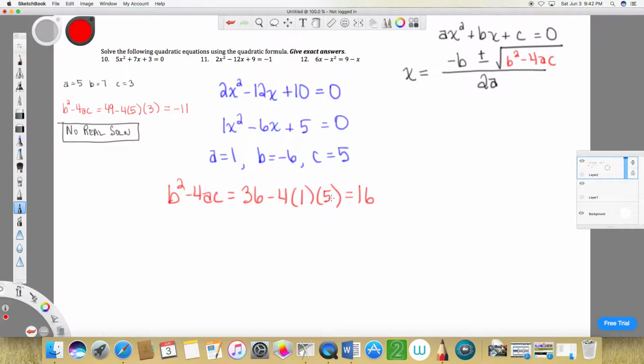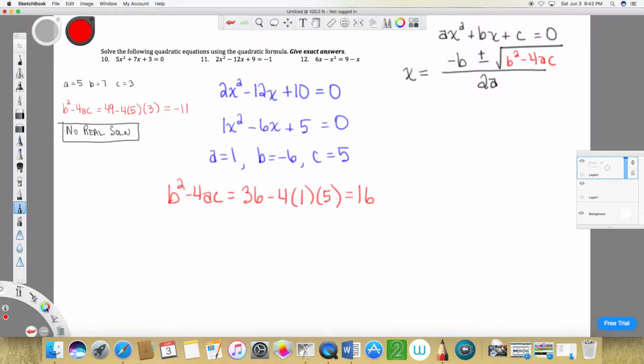Now, since 16 is a perfect square, that tells me that these two solutions that I'm going to have are both going to be rational numbers. And we could have solved this by factoring. Not every trinomial can be factored, but this one definitely could, because this is a perfect square.